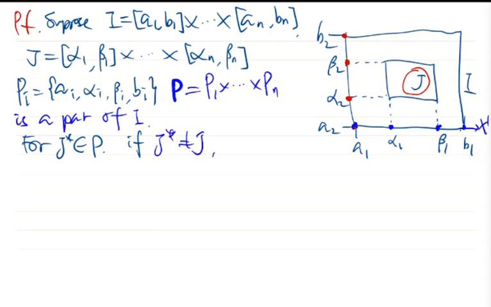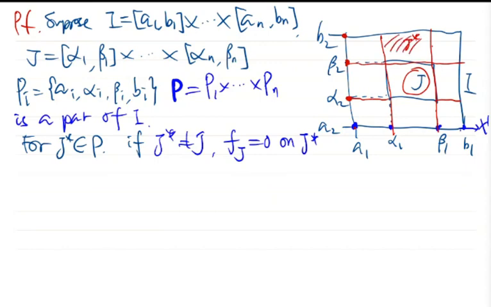So if J* is not J, then we see that the zero extension of f is 0 on J*. Let's complete the partition. The partition is given here by the red segments. Then J* is here.